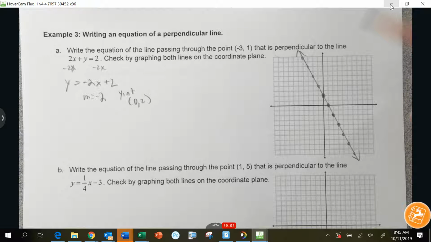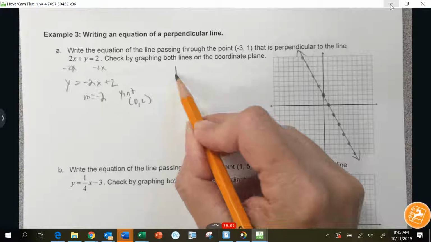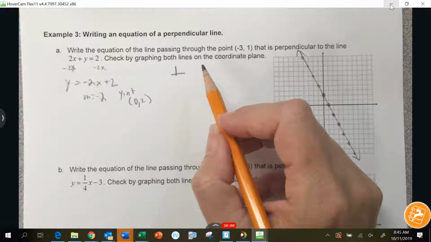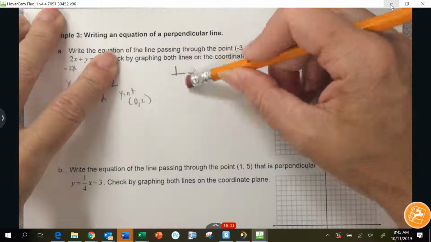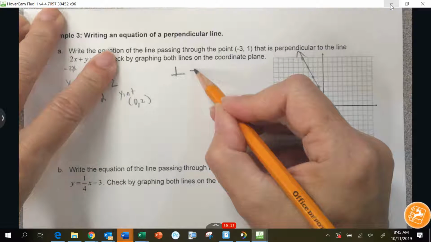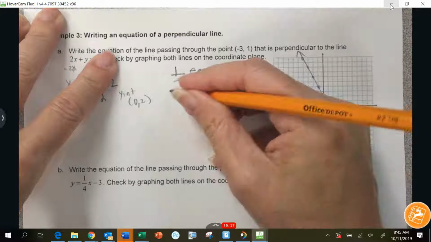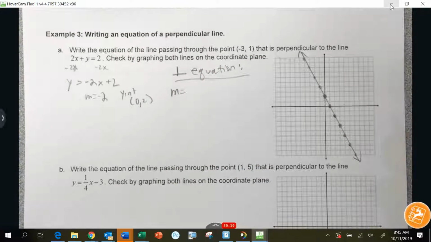We're going to do a lot of the same work that we did on the parallel ones, except for one thing. Perpendicular equation. My one thing is my slope is now going to not be the same.